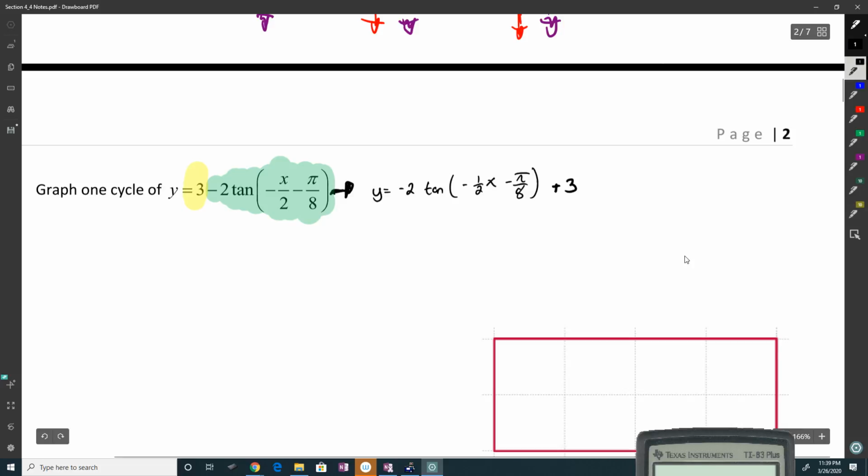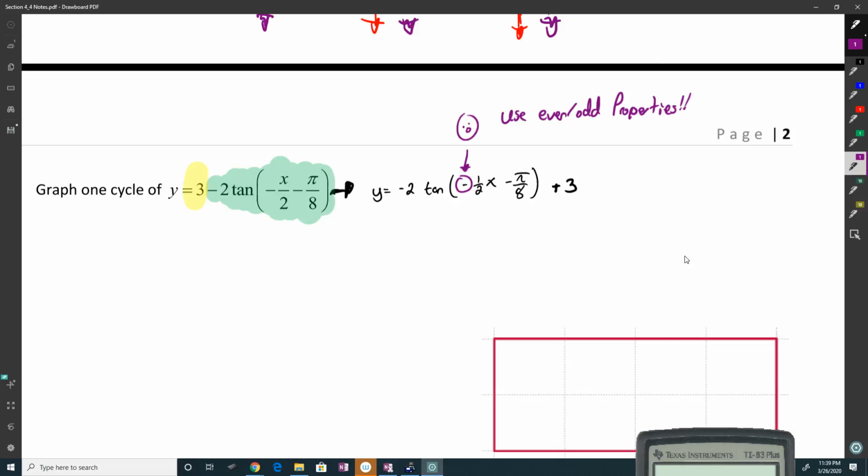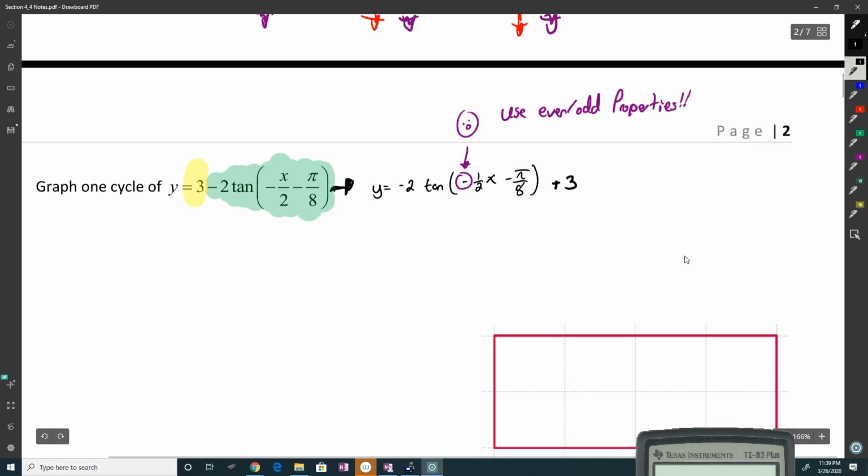All right. Next, I noticed that it leads with a negative. So we want to use even or odd properties. But tangent is odd. So before I do that, I need to do one little trick first, or else I'm going to get an incorrect answer. So I want to factor the negative out of the inside first.